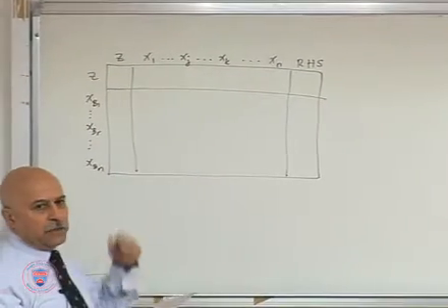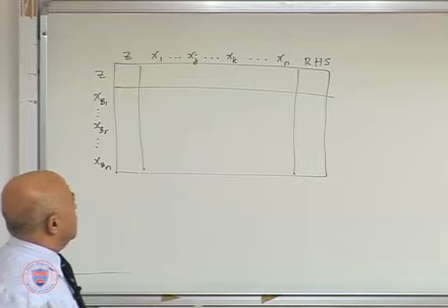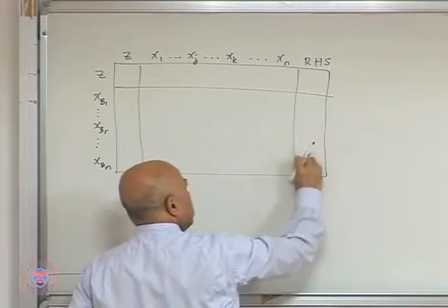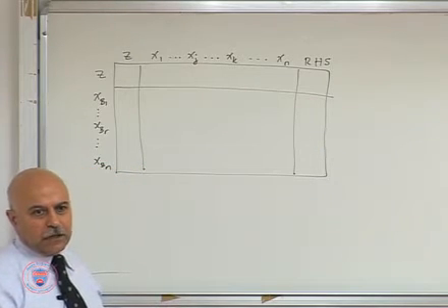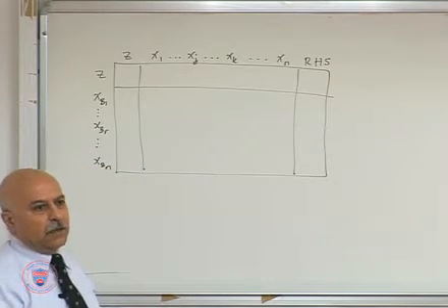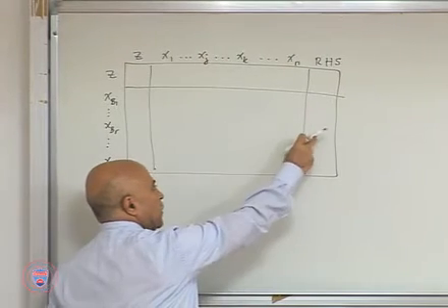This is the regular simplex tableau, except that in the regular simplex tableau we have non-negative right-hand sides, but this time we're not going to have that. The equalities will still be maintained. However, there will be something negative here.